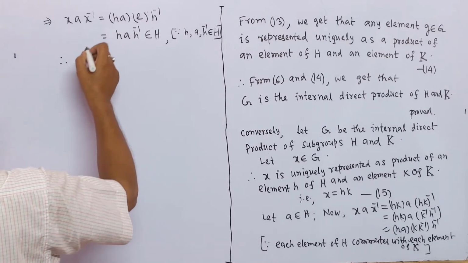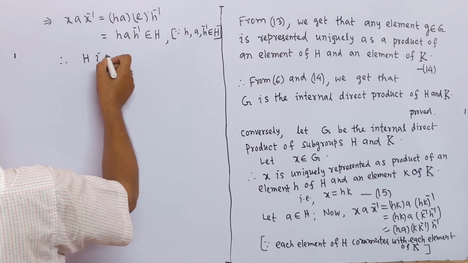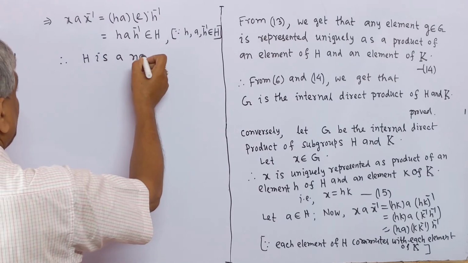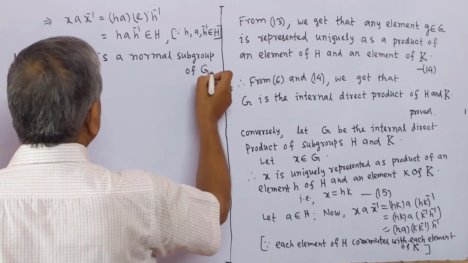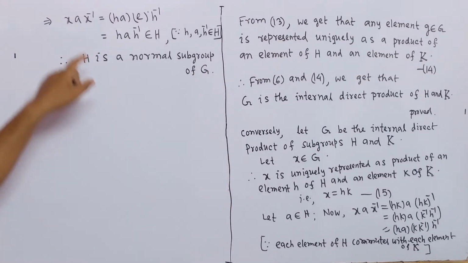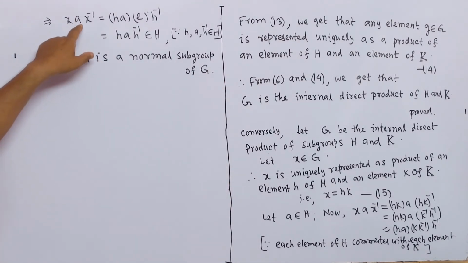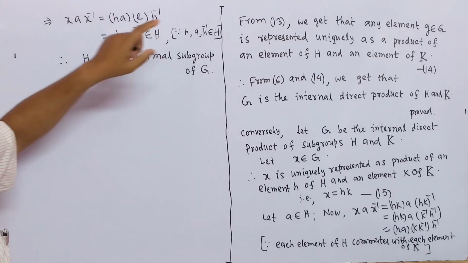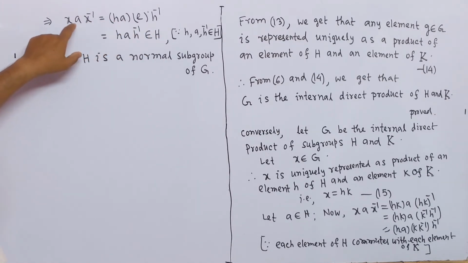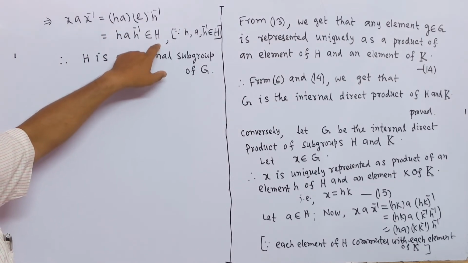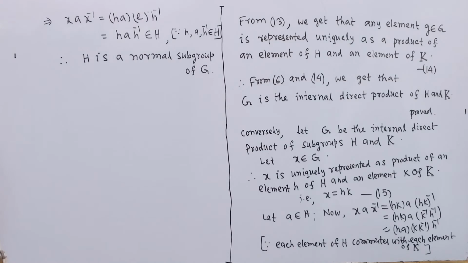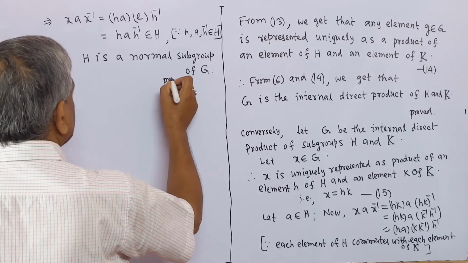Therefore H is a normal subgroup of group G, because X belongs to group G and A belongs to subgroup H, and X A X inverse belongs to subgroup H. That means subgroup H is a normal subgroup of group G. One part proved.